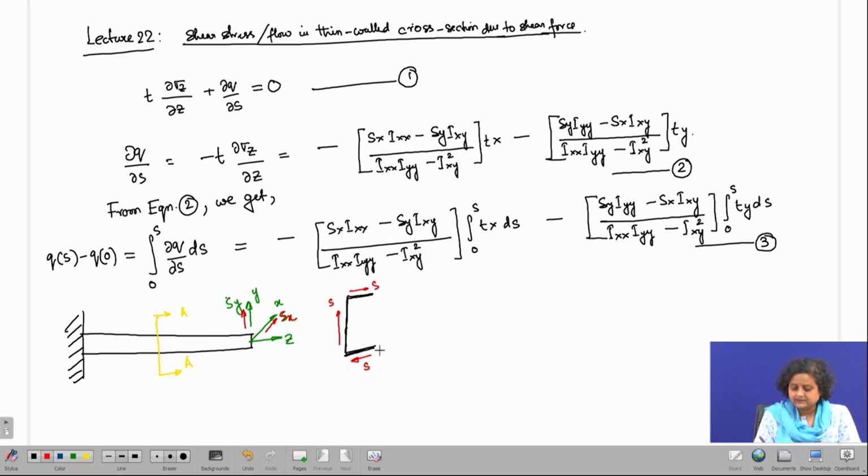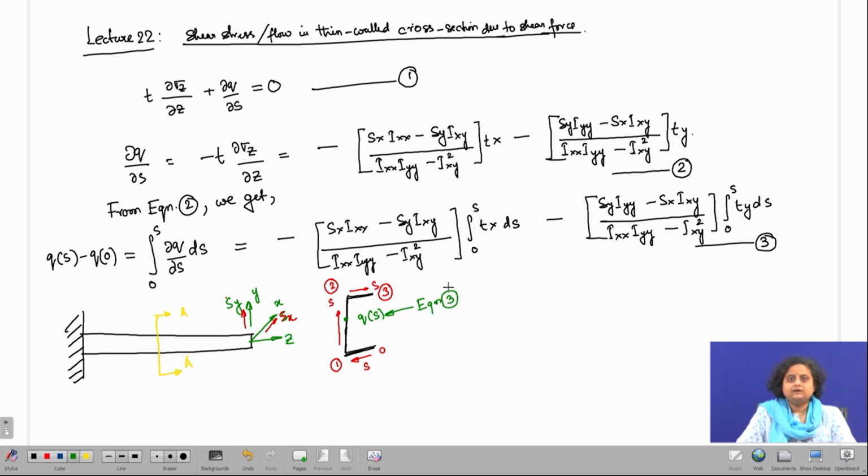If we start from 0, and this is 0, this is 1, this is 2 and this is 3, the four crucial points, then we can find Qs at any arbitrary point, which can be obtained from equation 3. This is what we are trying to find out.